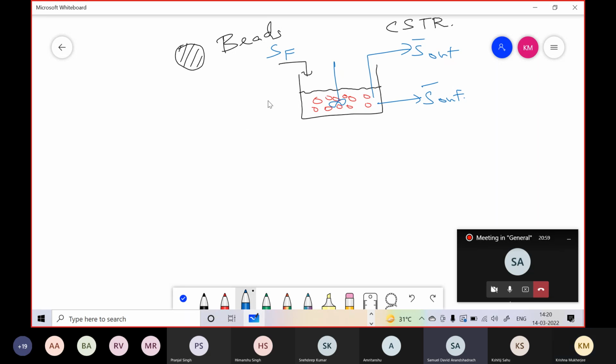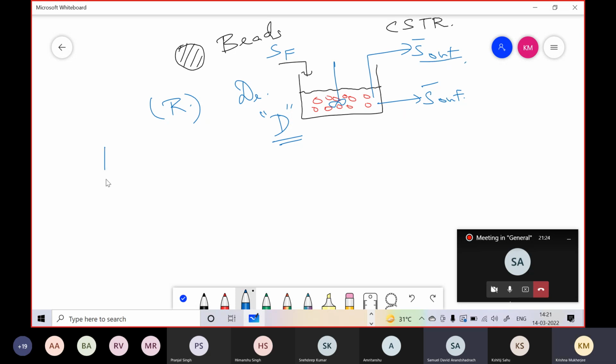Now choose a particular value of R, a radius, choose a particular diffusivity, and tell me, at SF values like this, at different dilution rates, what is the S out?